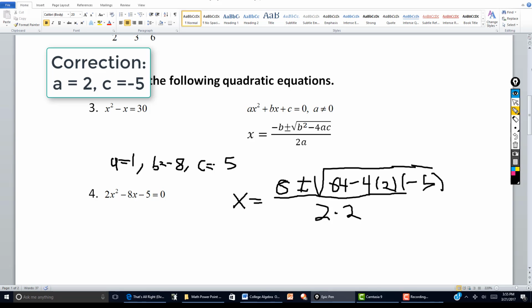Okay, so what do we have here? We have a 64, and then here we're going to have -5 times 2, that's -10 times -4 is a plus 40. So this will be 104.